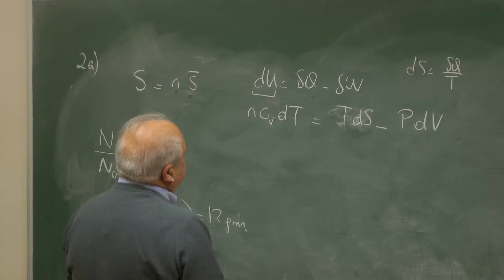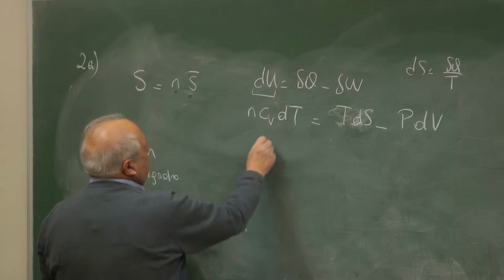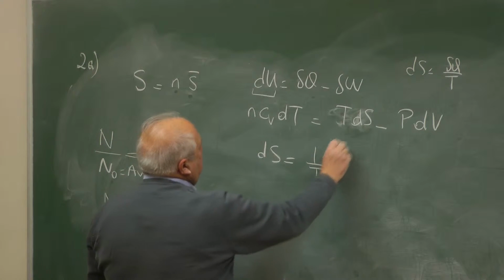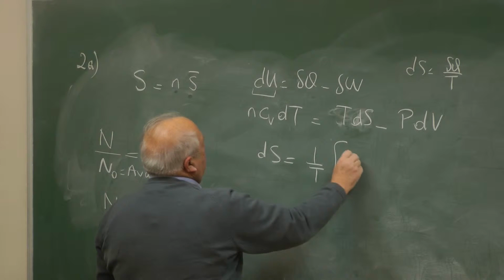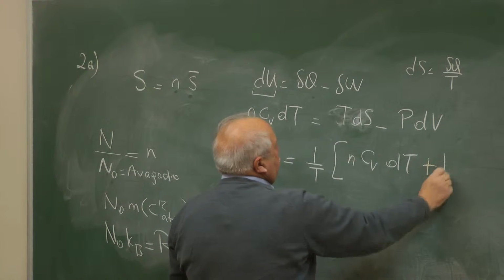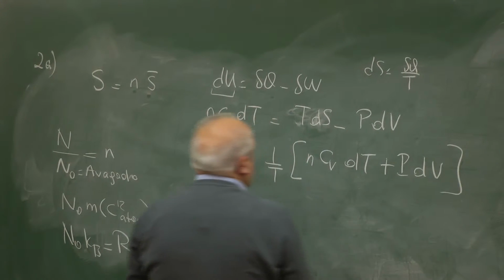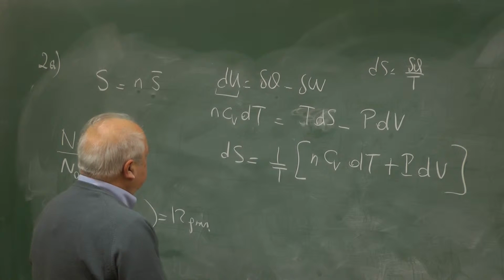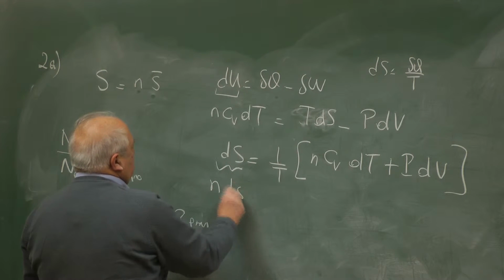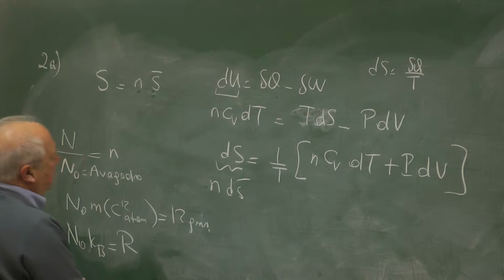So dS is equal to 1 over T times CV dT plus P dV. And this is n dS bar, since it's just a constant number of moles.